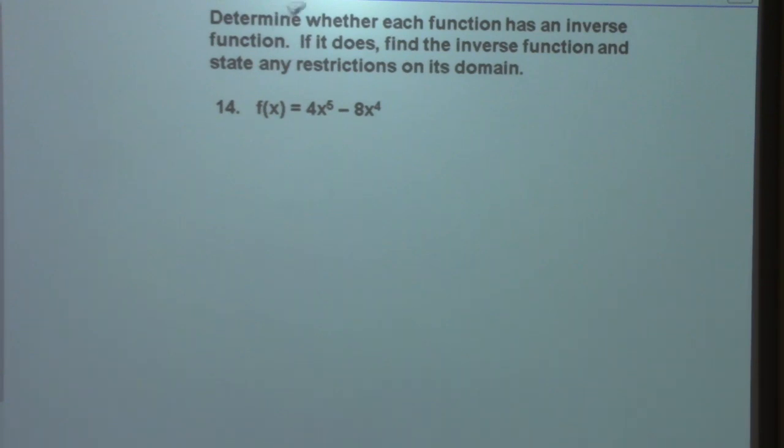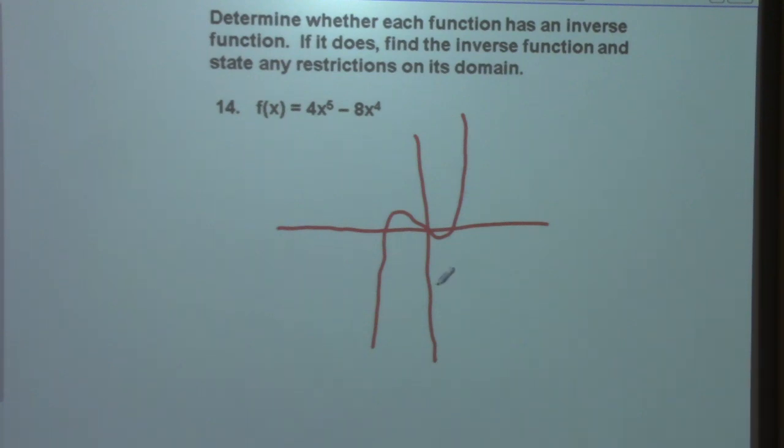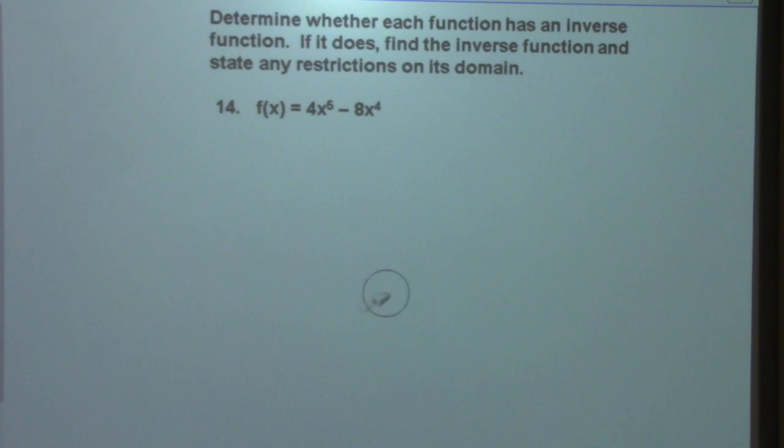Chloe, correct me if I'm wrong, but it comes up like this and then goes like this? It goes all the way down, farther, and then back up. So this is going to fail the horizontal line test also. But you actually have to graph it to figure that out.